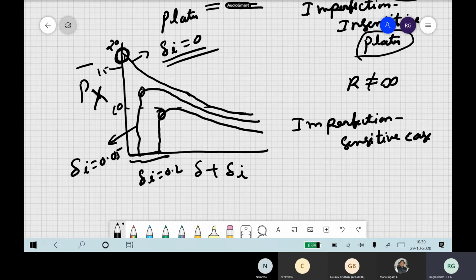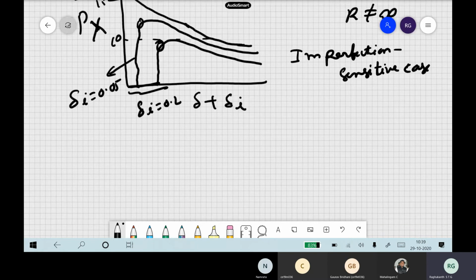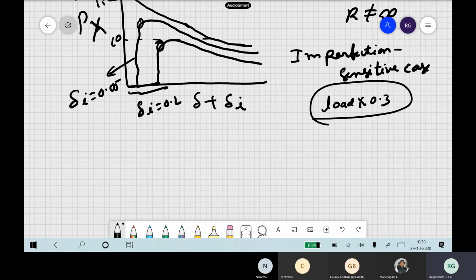So if there is a small imperfection, the load carrying capacity of the shell will be decreased by half, or many things are there. And this is only theory, but in practice, if there is an imperfect shell, whatever the load, it can carry only 30%, it seems. So it decreases the capacity. That's why shells collapse when there is a small imperfection itself.